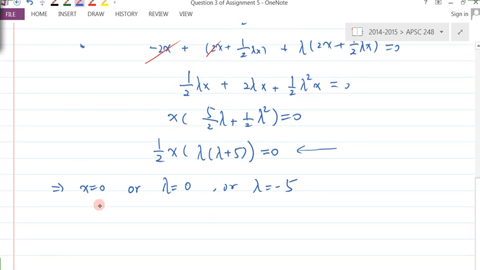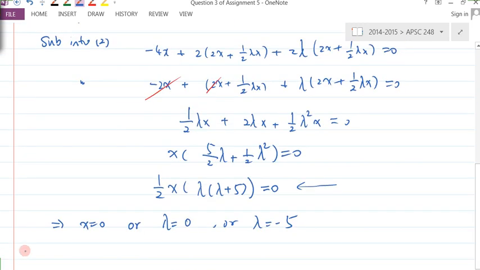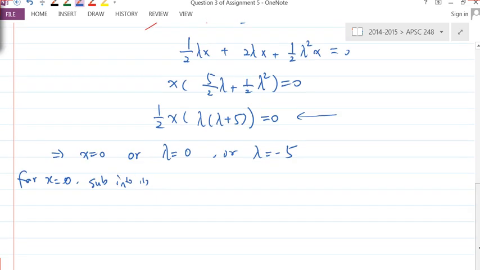If I substitute x equals 0 into equation 1, that's the first derivative stationary point, you see y will be 0.